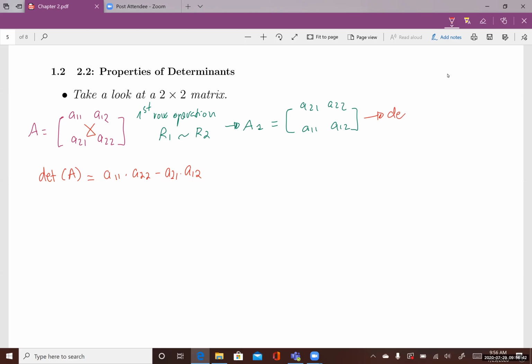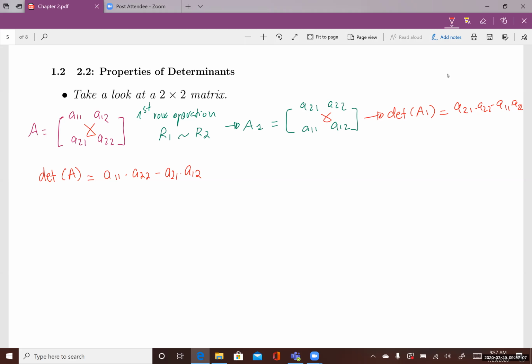So the determinant of A1, the new matrix after you apply the first row operation onto A, is going to be equal to A21 times A12 minus A11 times A22. Okay, and you can see that the determinant of A and the determinant of A1 are the opposite of each other.